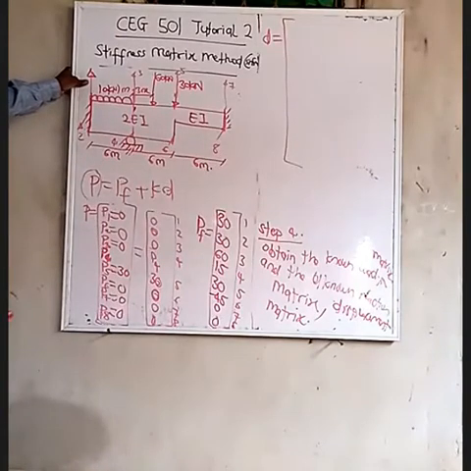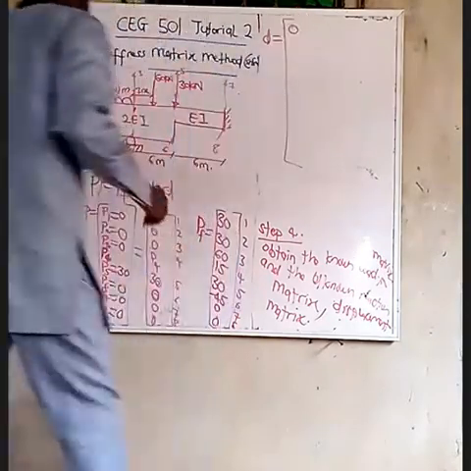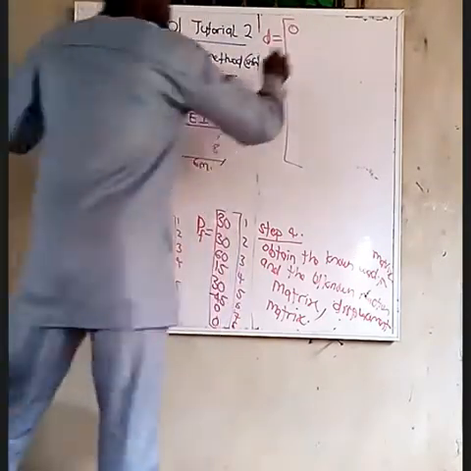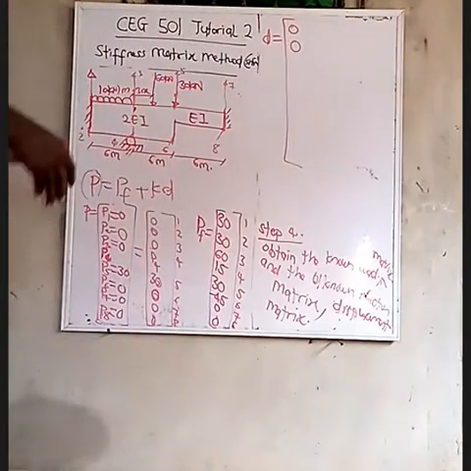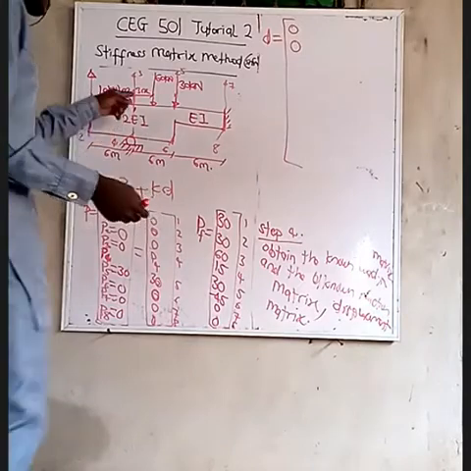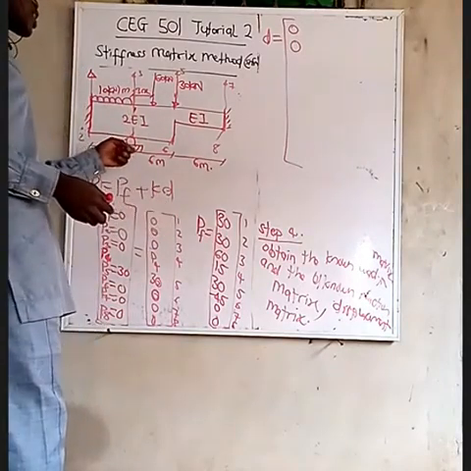as usual, let's come back to the diagram. 1, will there be a displacement? Two, no movement, because it is fixed. It is fixed against load, it is fixed against moment.